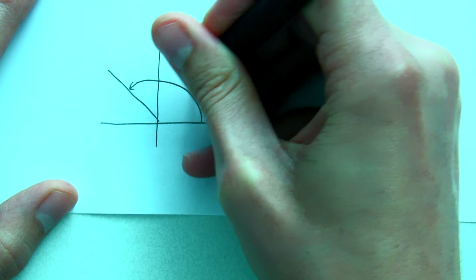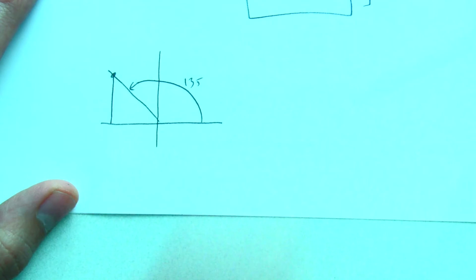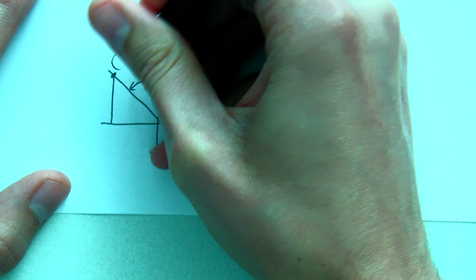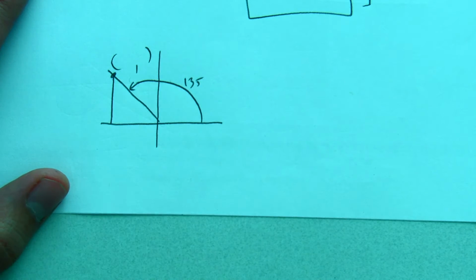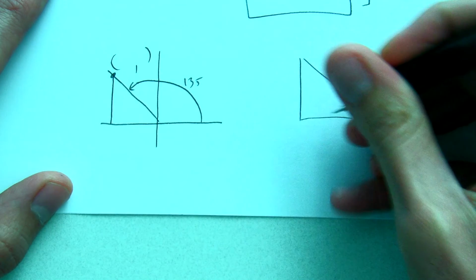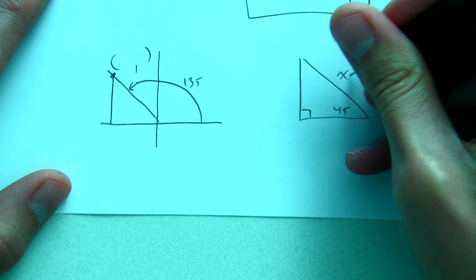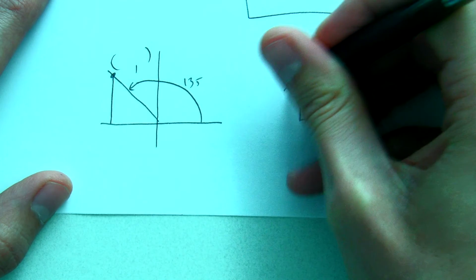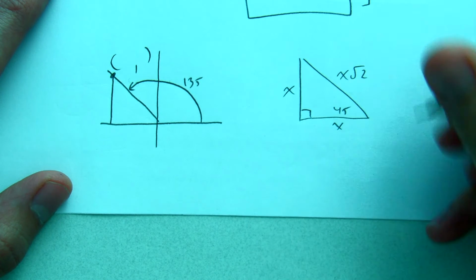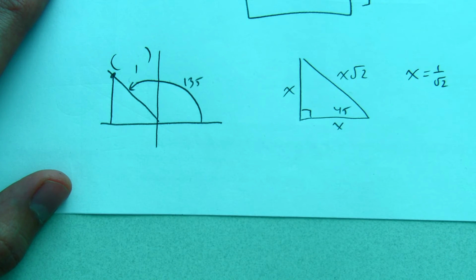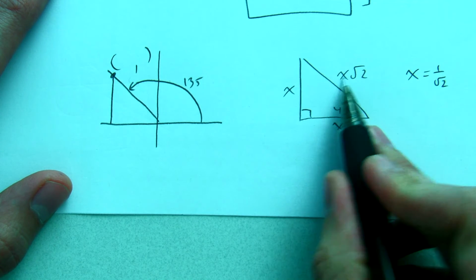Okay, so here's 135. I'm looking for secant of 135, and I've got to pick what my side lengths are. I know that a 45, 45, 90 has dimensions x root 2, x, x. If I let x equal 1 over root 2, then the hypotenuse becomes 1 over root 2 times root 2.